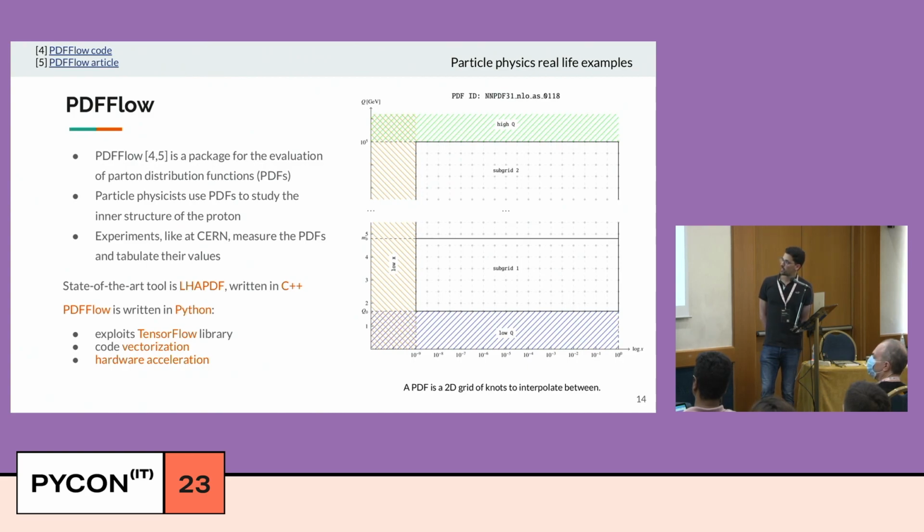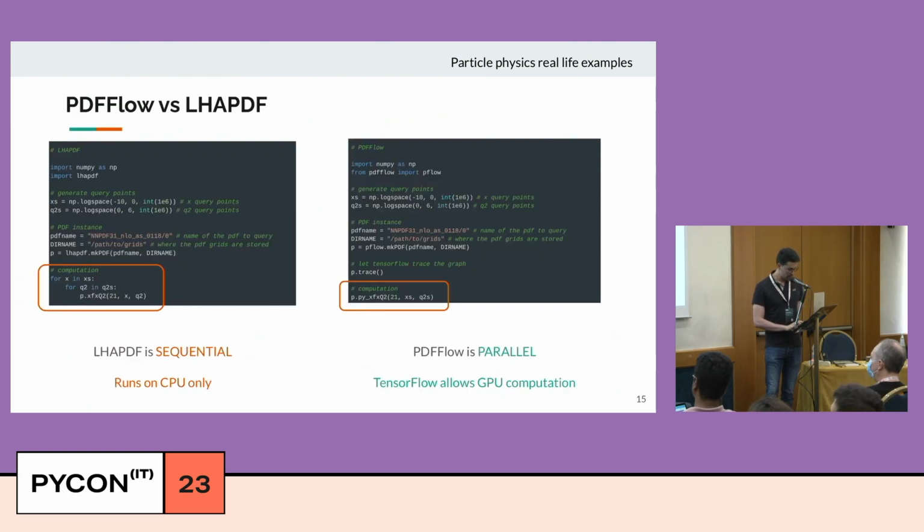Of course, there are state-of-the-art tools, which is called lhapdf, which is written in C++. So we are going to compare C++ code against Python code with the vectorization provided by TensorFlow. And as you can see here, on the left side, we have lhapdf, which is sequential.